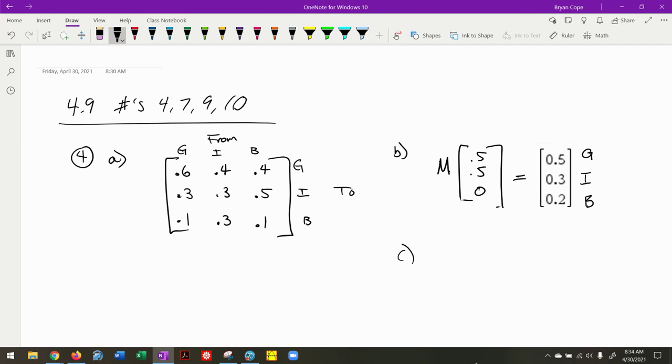Okay, so for part C, we're going to take 2 copies of M, M squared, because we're going from Monday to Wednesday. And the initial state vector this time is 0% for good, 40% for indifferent, and 60% for bad. And then we'll figure out what the state vector is, but they're actually only asking for the chances for good weather on Wednesday.